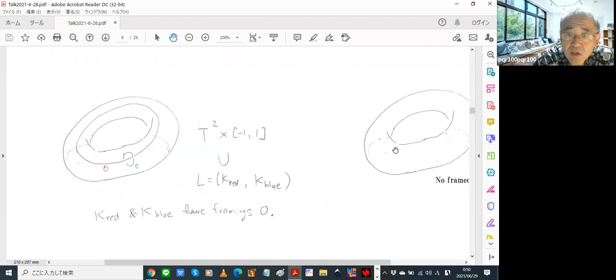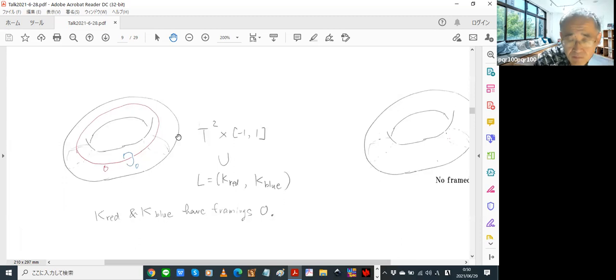And this is empty, there is no framed link, only the thickened torus. The three-manifolds are the same. Both represent the same three-manifold, but they are not changed into each other by Kirby moves.